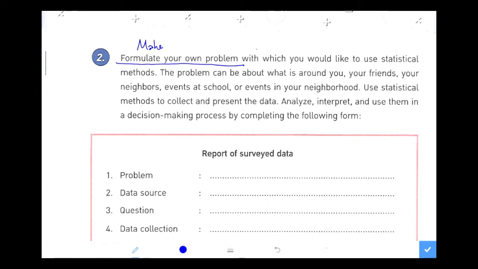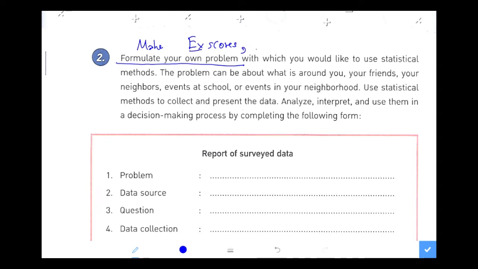For example, maybe you want to check the scores of each subject, like Thai, science, something like that. So you can just go for it. Maybe you are bored with those academic things already.